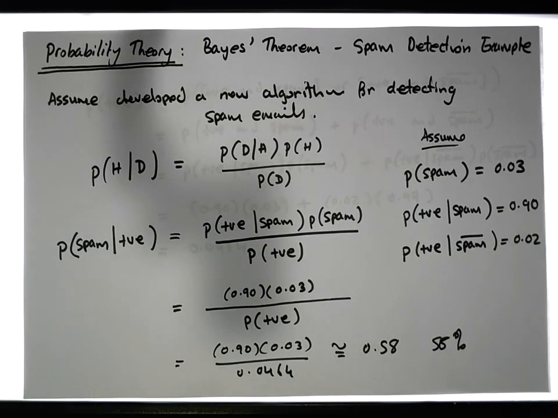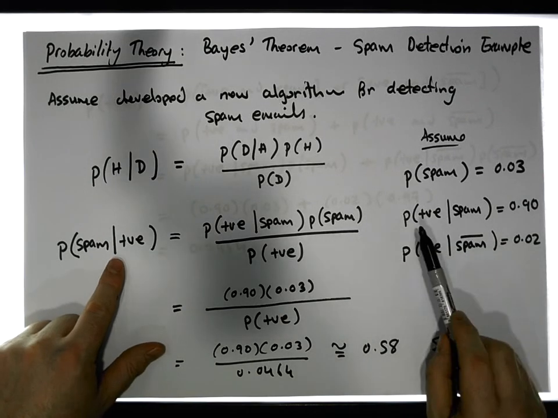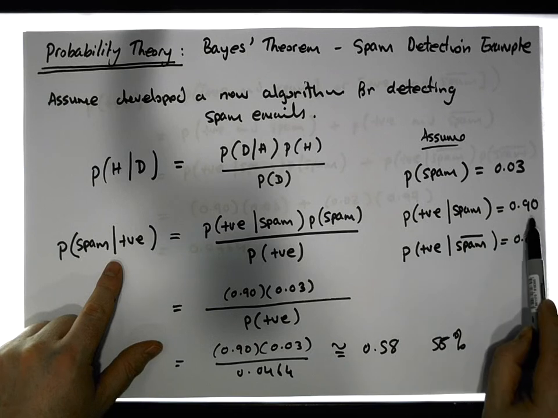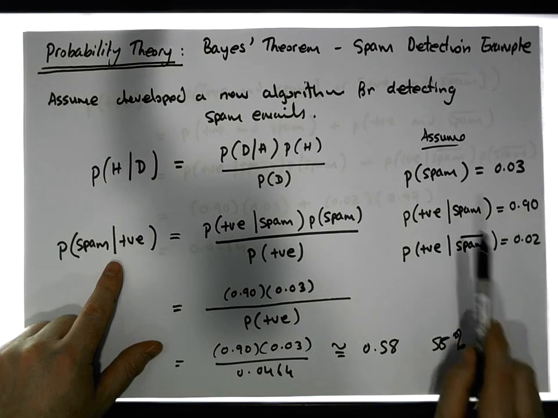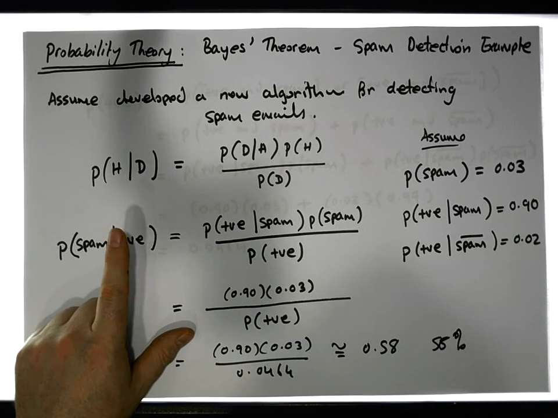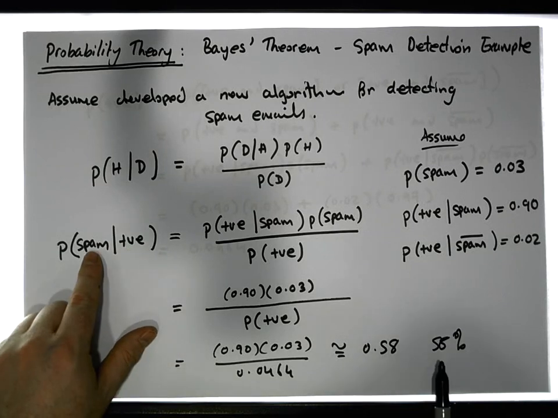So you can see the unusual thing here is that the algorithm, when given an actual spam email, detects it positively at 90%. But that's not what we're looking for. What we're interested in is, if the algorithm says this is a positive, this highlights it as spam, then the likelihood that it's actually spam is only 8% greater than flipping a coin, if that makes sense.